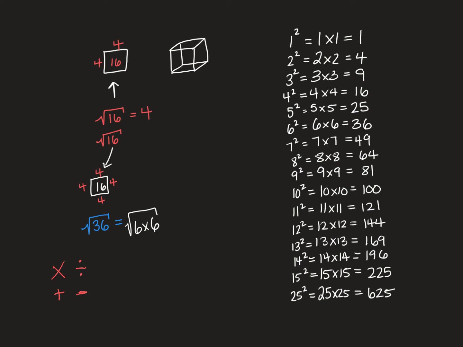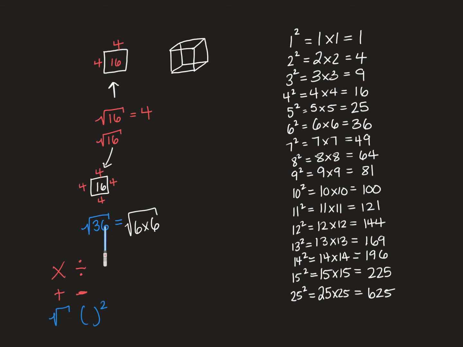Okay, now here's another set of operations for you. There's the square root, and then there's squaring a number. So the opposite of squaring a number is square rooting the number. And the opposite of square root is squaring. So inside of this square root, you have a square.